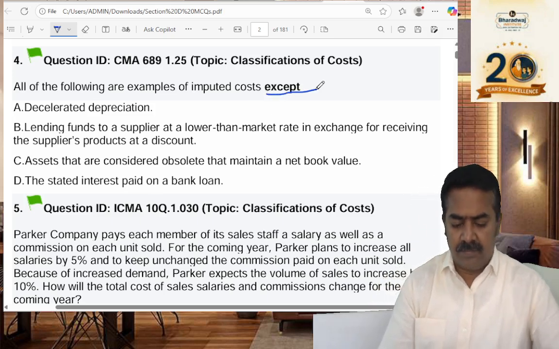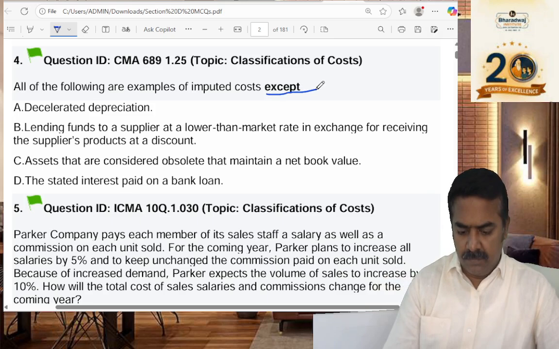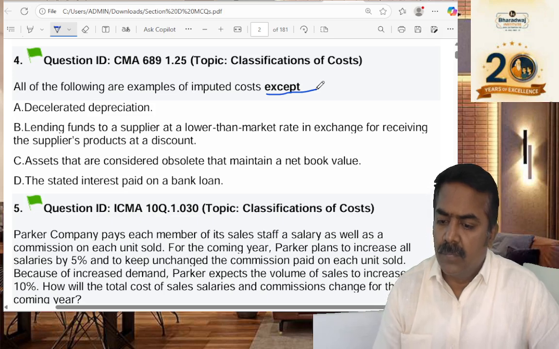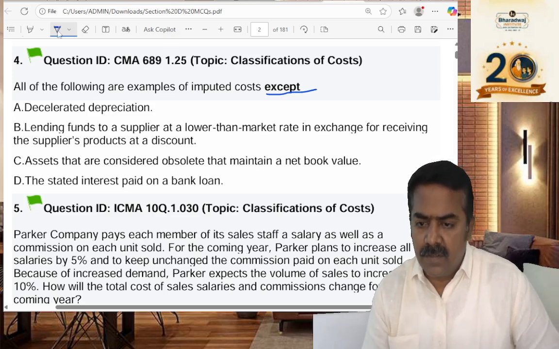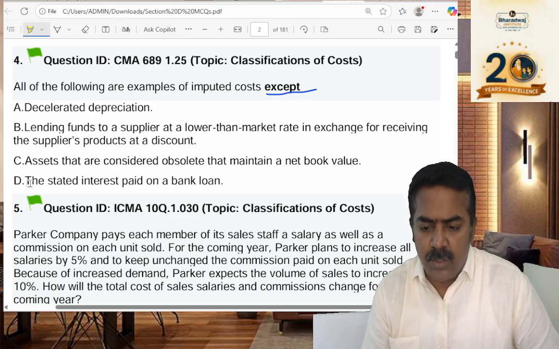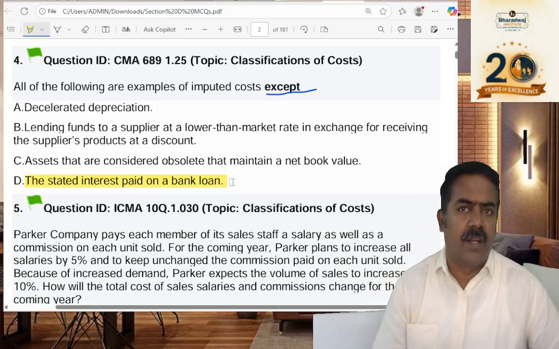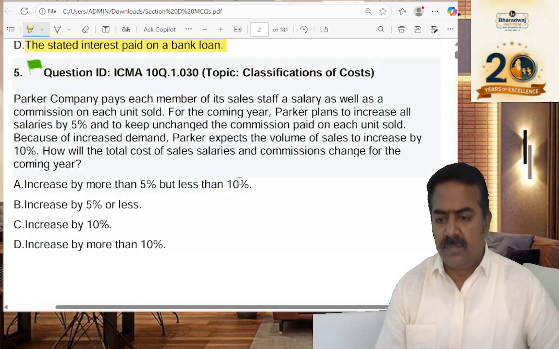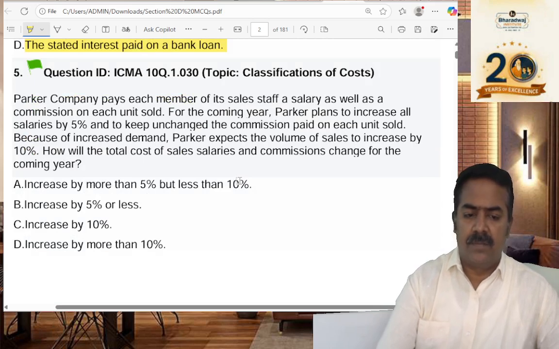Exception scheme. Yes. Interest paid is an out-of-pocket cost. You pay out of your pocket. It involves which one? Cash outflow. It involves cash outflow.